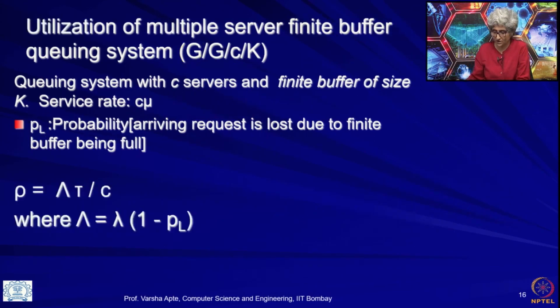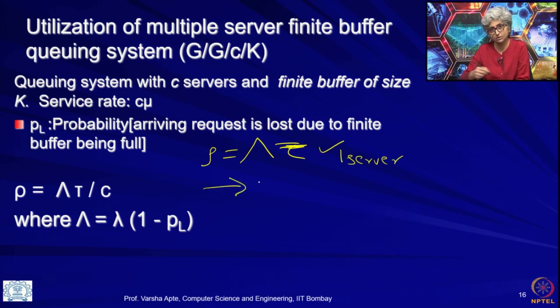Now, what is the utilization? Utilization is very similar. We are just following the utilization law. If it was one server, rho equal to lambda tau would apply. Remember, when we derived the utilization law we did not assume a finite buffer. So, this is okay for one server, but if there are multiple servers, the work gets divided.